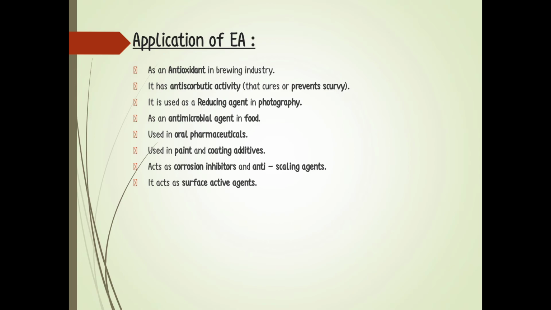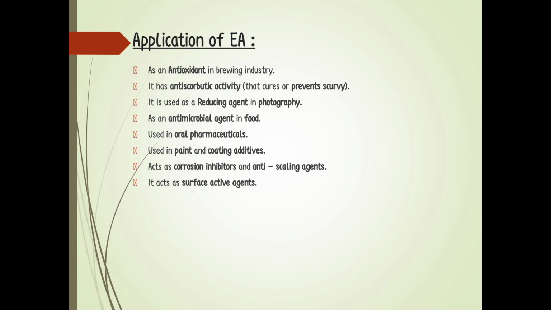It is used as an antioxidant in the brewing industry, because antioxidants help in destroying the radicals, which actually come with the purpose of destroying whatever things are in the environment. All right, and in the brewing industry, obviously, living organisms are utilized, so radicals destroy them, so it is used as an antioxidant.